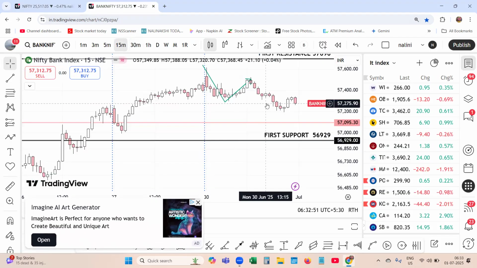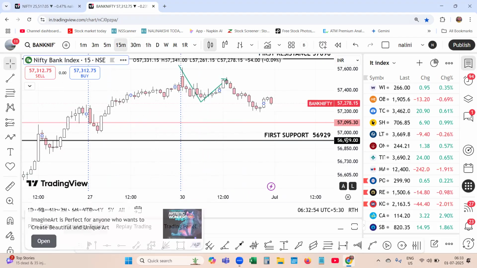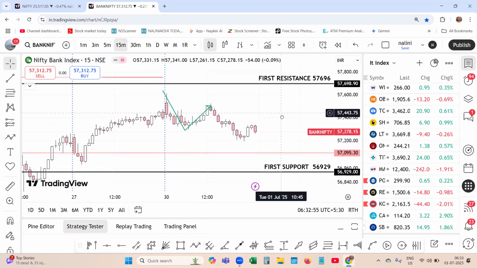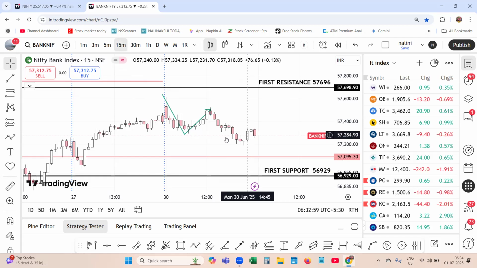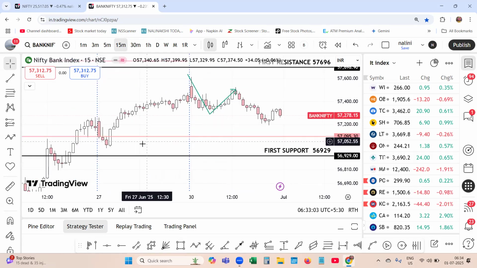Coming to the Bank Nifty, it has also done the same thing. But this is the 30th and it has not engulfed anything. It has not come down below the previous day low. You can imagine it is within the range of the previous day.